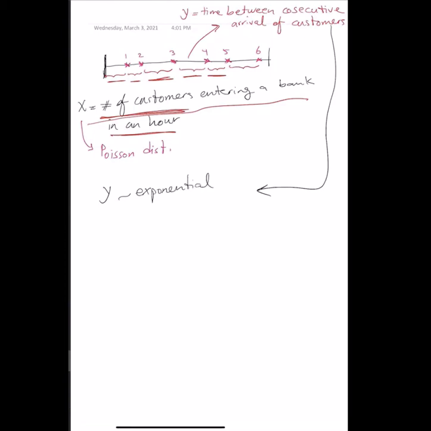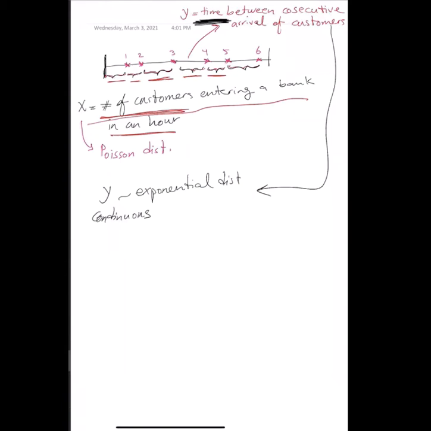Since it shows the time between arrival of consecutive customers, these are all variables that have an exponential distribution, and since they are variable, they're different from each other. It's not that the time between arrival of 2 consecutive customers is exactly this amount of time. It varies between every 2 consecutive customers. But since it's a measure of time, it's obviously a continuous random variable.